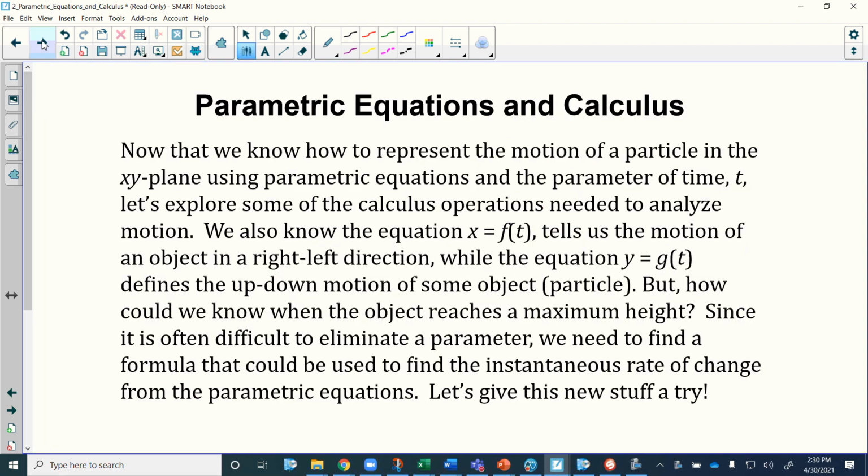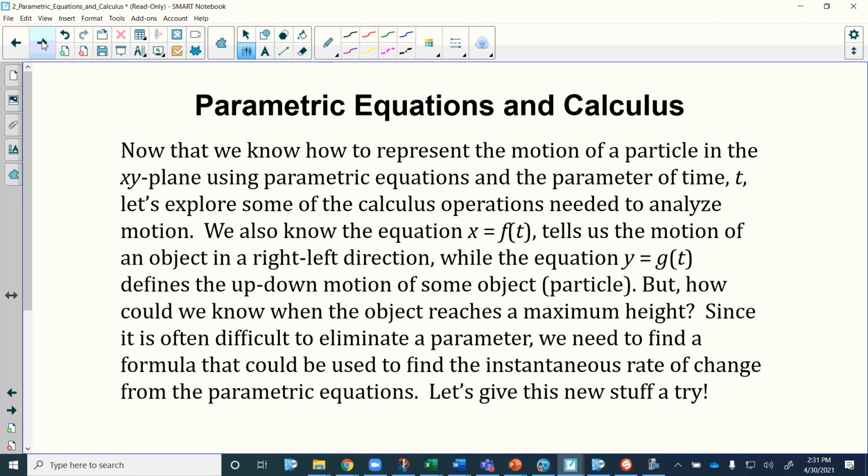Here, what it's talking about, in a previous lesson, we talked about how parametric equations were used to represent motion. We use that third variable, that's how we parameterize a function, and that third variable was time, or t, to represent how a particle is going to be moving when we graph a set of parametric equations.